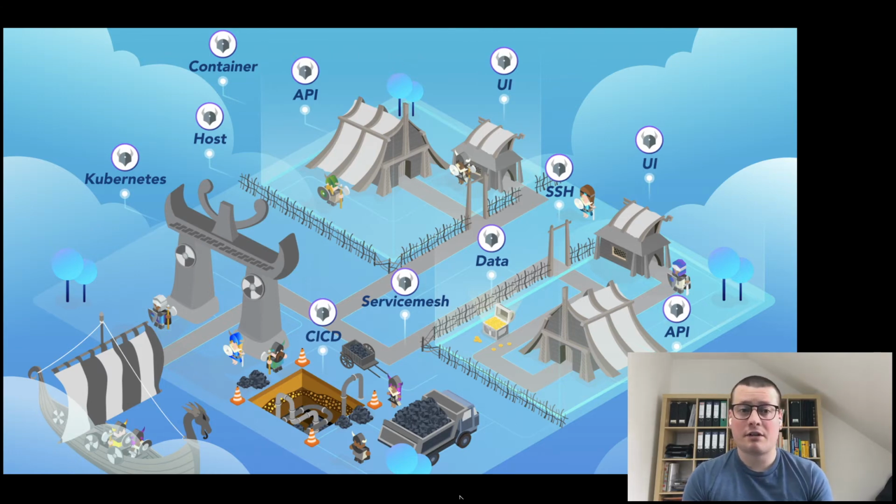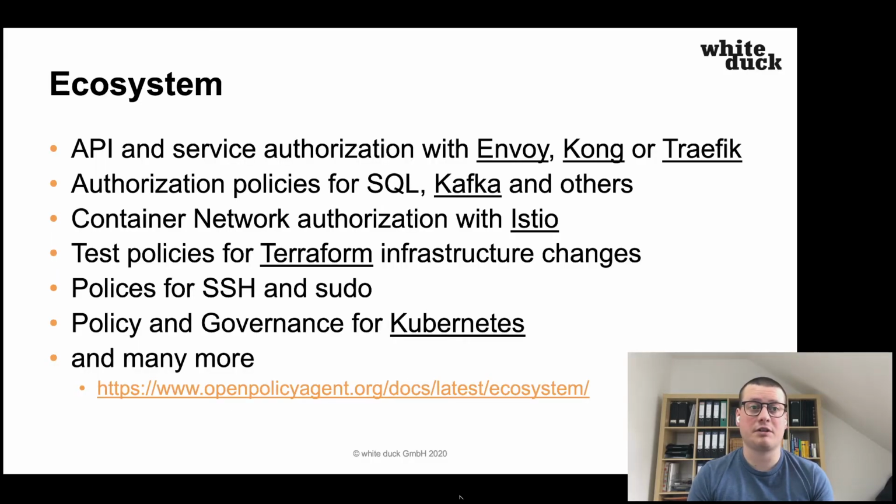You can integrate it with your CI/CD pipeline to make sure that a certain change is allowed to get deployed to a certain environment. You can integrate it with your service mesh to decide which service is allowed to talk to another service. You can integrate it into your SSH, into a Linux configuration, and enforce certain policies. So different solutions. There's a really, really big ecosystem around it.